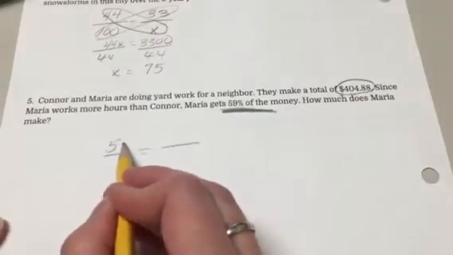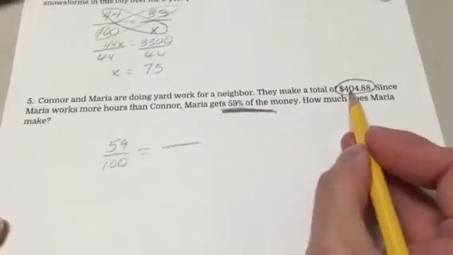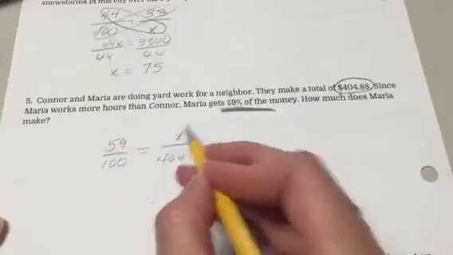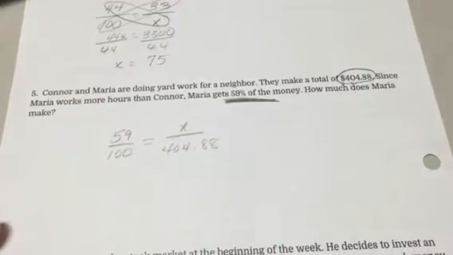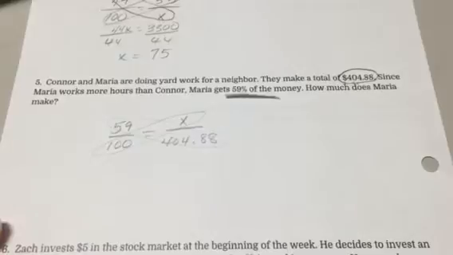So remember, 59% is out of 100. We're told this is a total, so that's going to go on the bottom, and you're going to have to find what Maria is going to get out of that $404. So you guys, you don't stop here. You've got to cross multiply and solve.